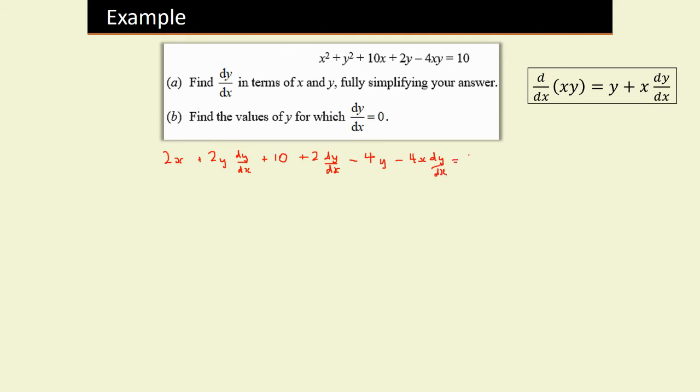And the 10 differentiates to 0 because it's a constant. All right, let's have a look what we've got in here. We've got 3 terms now that have got dy by dx's in them. So let's leave all those on the left-hand side, take everything else across to the right-hand side.